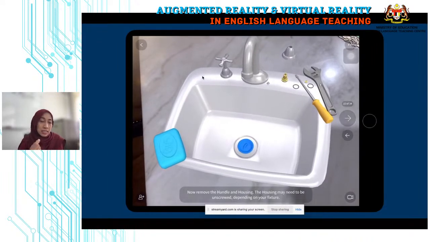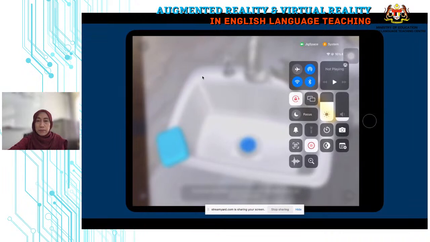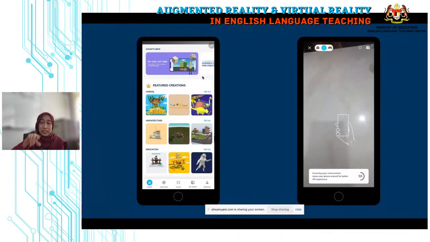Okay, and this is another example. You can see the instruction over there. As simple as that. One was an example shown using an iPad, but it can be as simple as using a mobile device, a handphone, and this is using Augment.